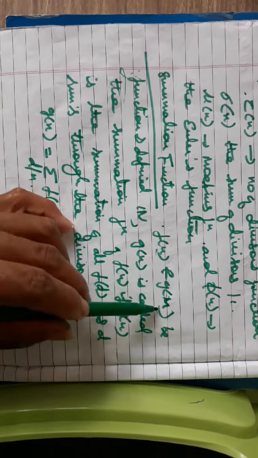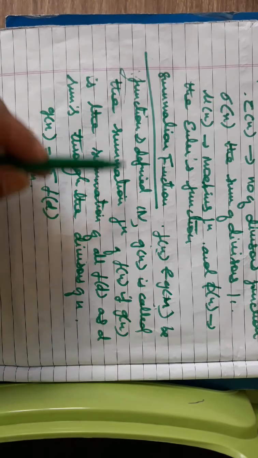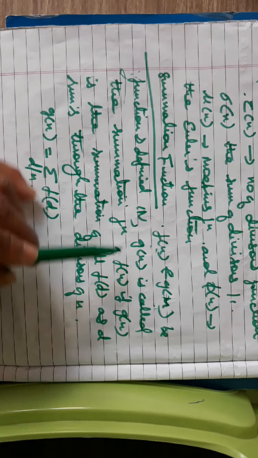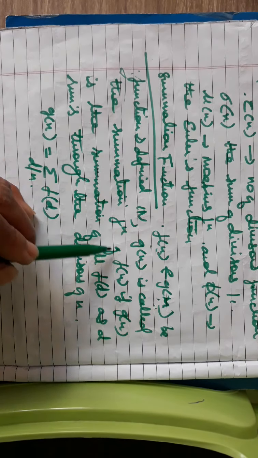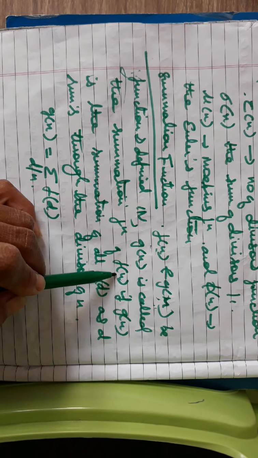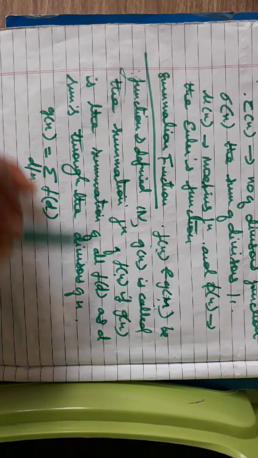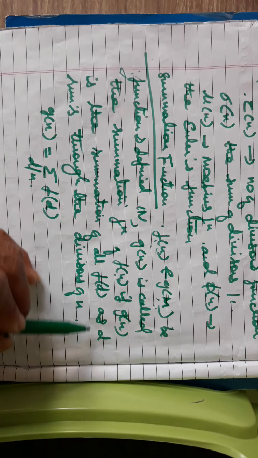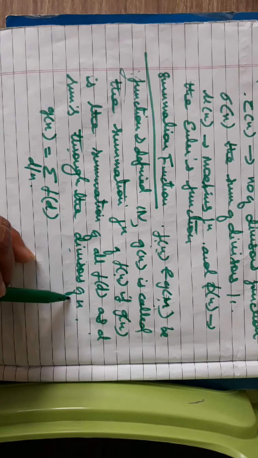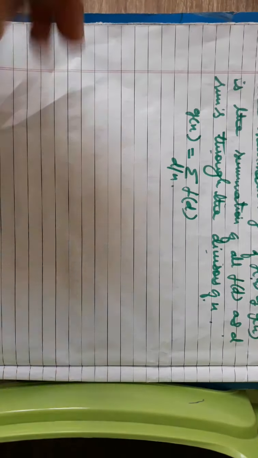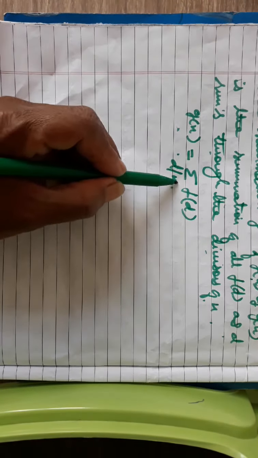Symbolically, we write g(n) equals the summation of f(d), where d runs over the divisors of n.